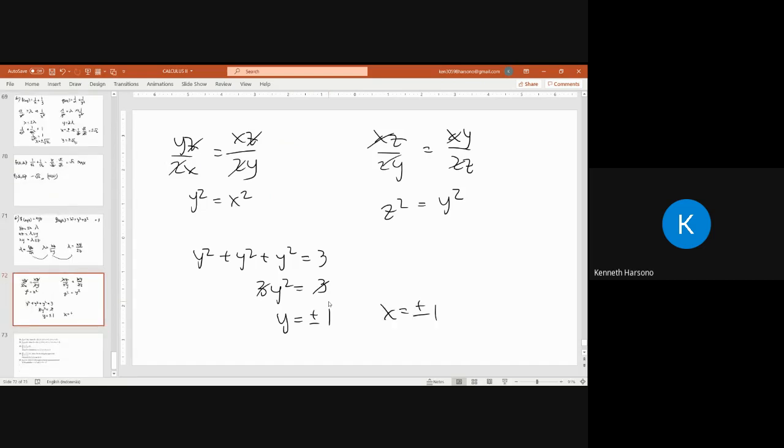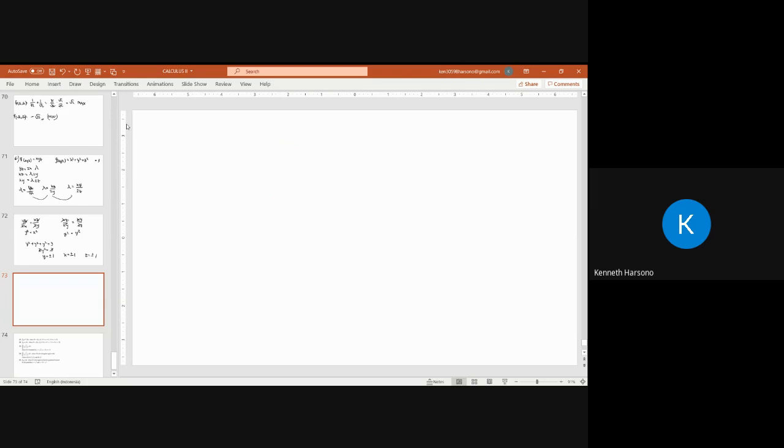So x is plus minus 1 and c is plus minus 1. And we can find all of the combinations, which is x, y, c: 1, 1, 1; minus 1, 1, 1; 1, minus 1, 1; 1, 1, minus 1; 1, minus 1, minus 1; and etc. But the answer is always either 1 or minus 1, right? So when it's 1, it's a maximum, and minus 1, it's a minimum.